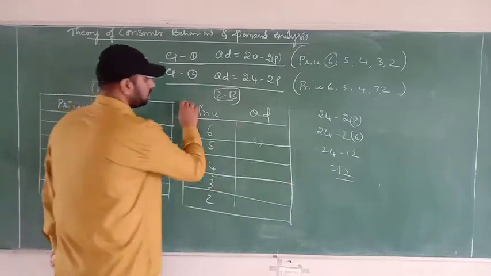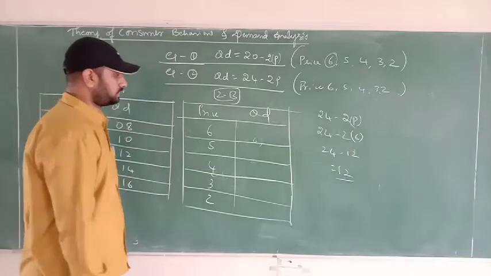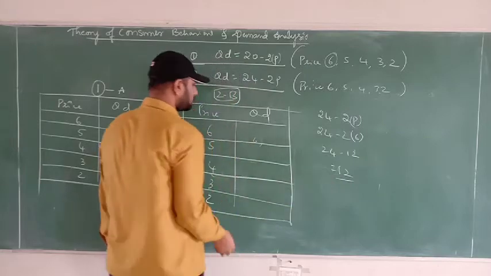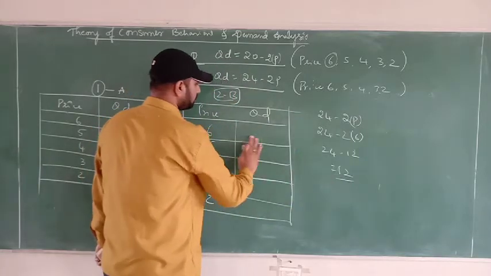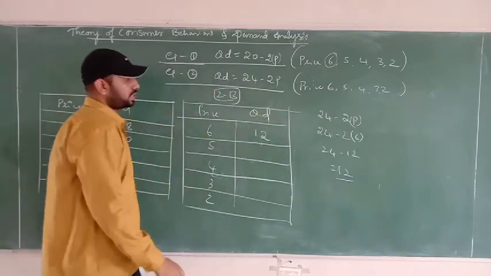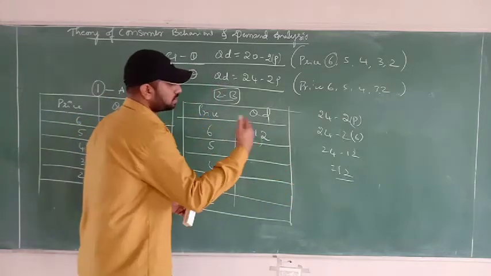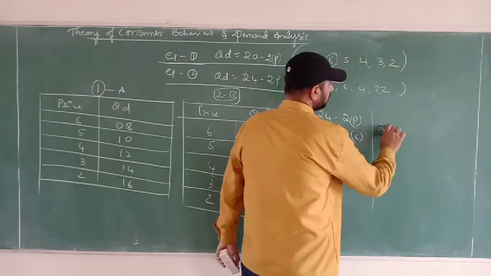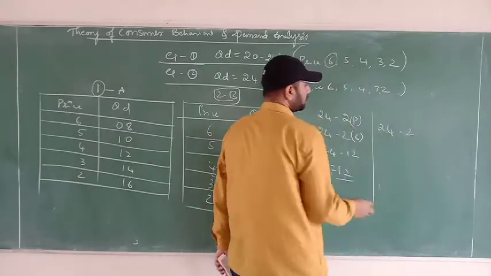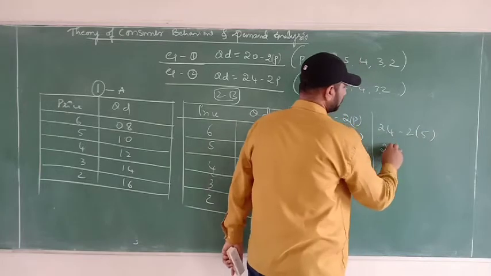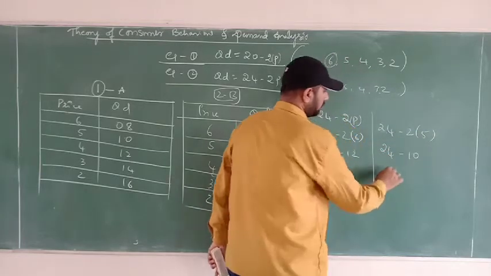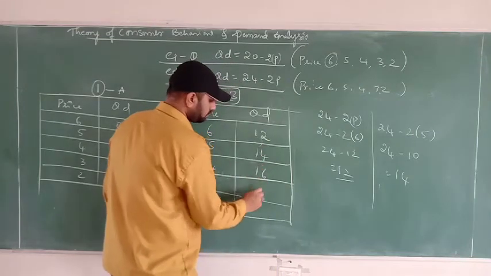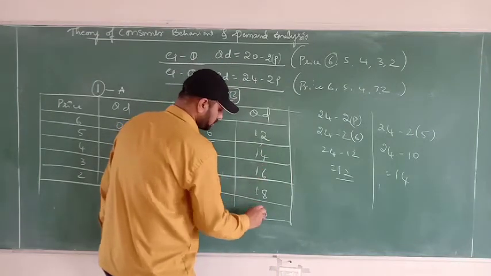As far as consumer 2 is concerned, when we substitute the value of 6 in 24 minus 2P, we derive 12, so the quantity demanded is 12. Likewise, if it decreases from 6 rupees to 5, then 24 minus 2 of 5, 24 minus 10, you derive quantity demanded 14, likewise 16, here 18, here 20.